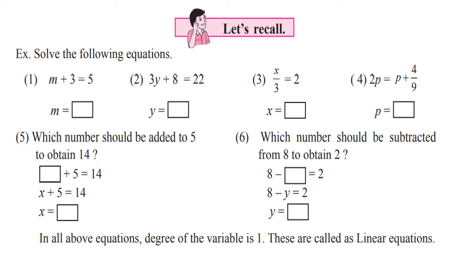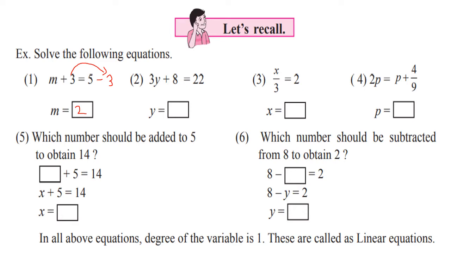See the first one, m plus 3 is equal to 5. When we solve the equations, this plus 3 we will shift to the right hand side and it will become minus 3. So 5 minus 3, the answer will be 2 here. In this way you are going to solve the activity.